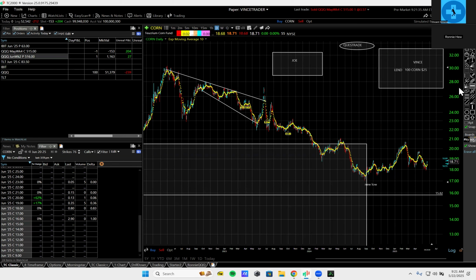So Questrade puts a minus sign in your account with this position to remind you that it's a loan. You didn't buy them. When you look in your account, you're going to see a minus sign. The minus sign tells you that you borrowed the shares. You understand?